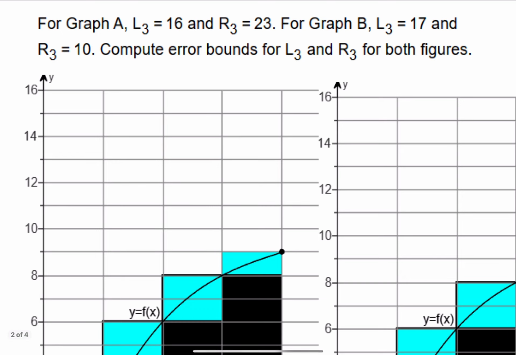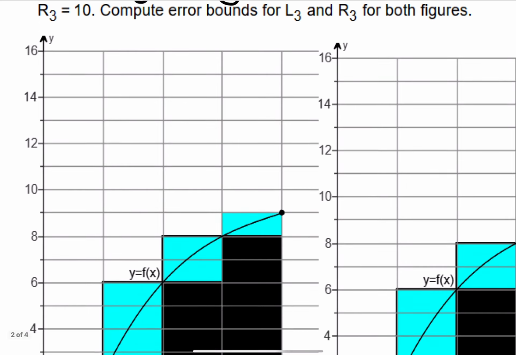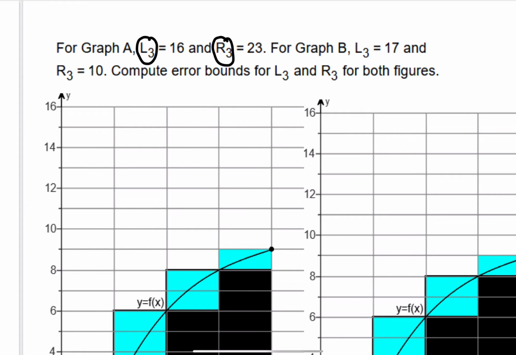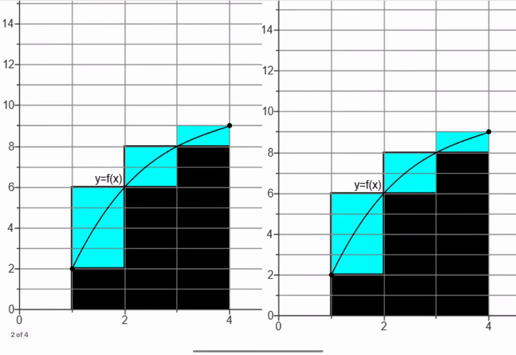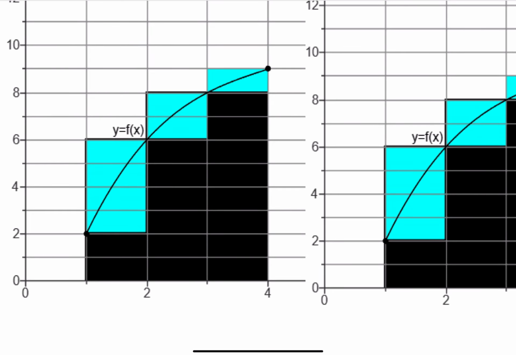From graph A, you have L3, which is the area of the left-hand side, and R3, the area of the right-hand side, for 3 rectangles. What are they asking here? They're asking me to compute the error bounds of L3 and R3. Let's see what they're talking about.